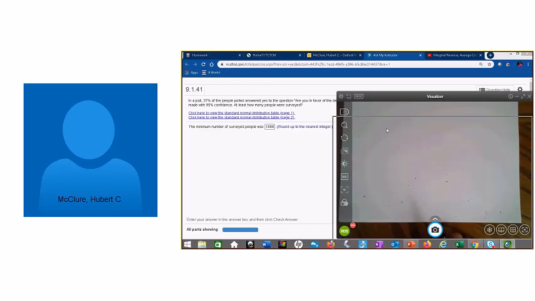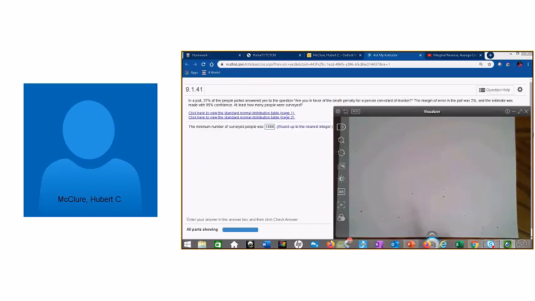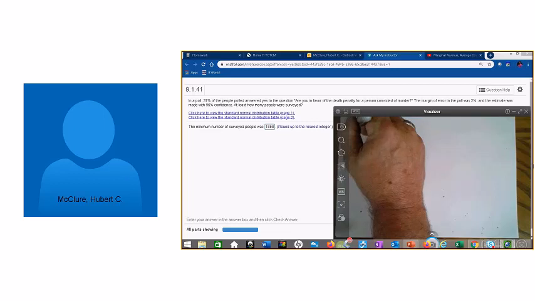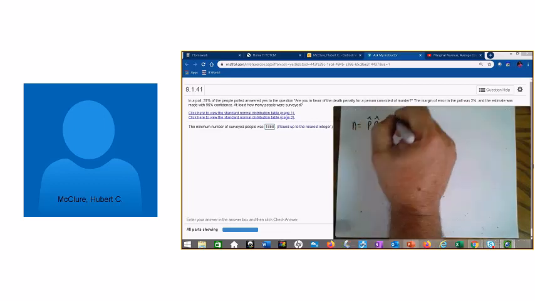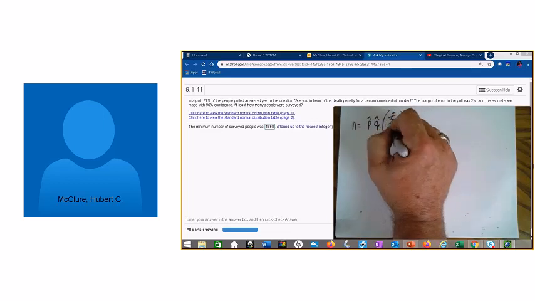Okay, first of all, N is equal to p hat times q hat times, I think it's squared, y'all check me, Z over the margin of error squared.